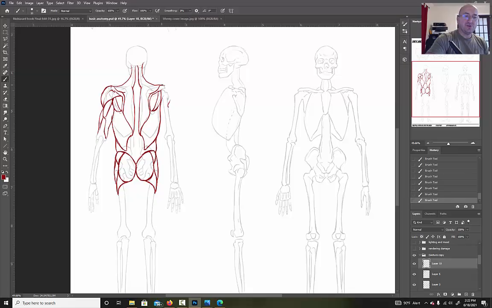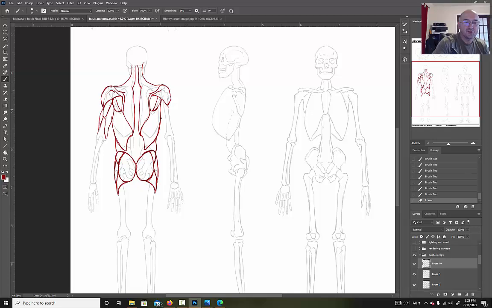That top of that AC joint, out and down. There are multiple heads. It follows this ridge, the spine of the scapula, and across. And we'll cover them as they overlap.